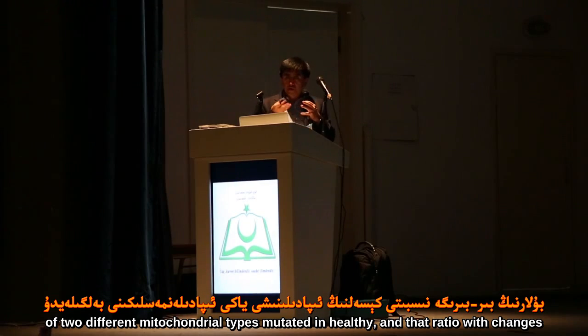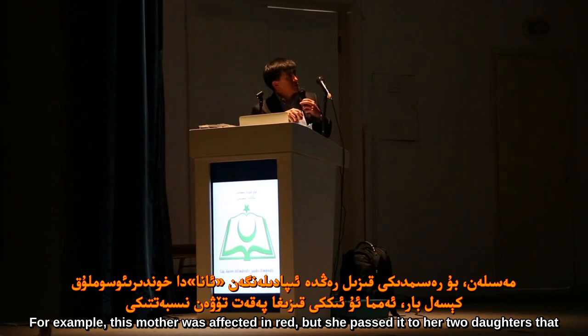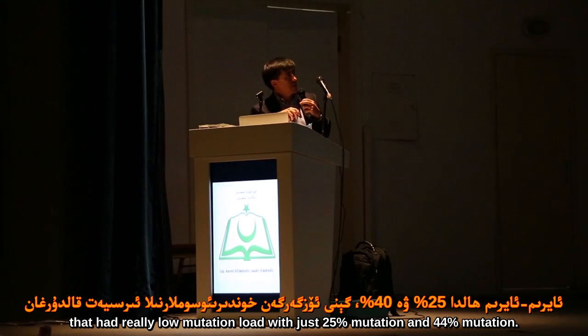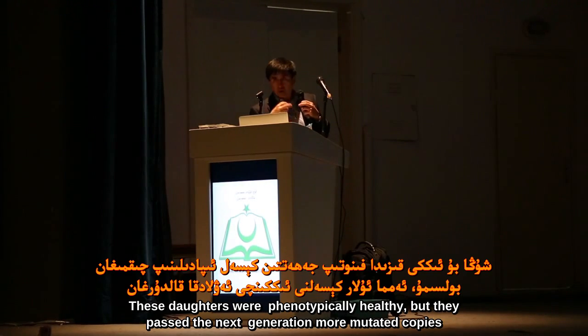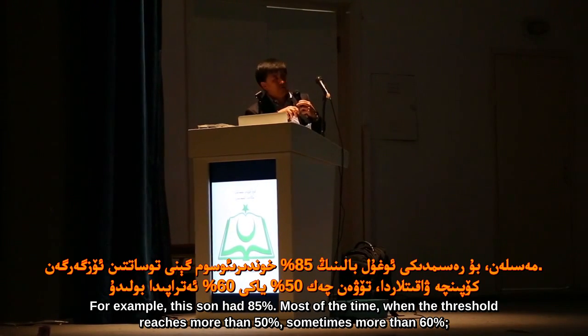That ratio always changes, and that's how, for example, this mother was affected, shown in red, but she passed it to her two daughters who had a very low mutation load, basically just 20% and 25% mutation of 44, and these daughters were phenotypically healthy. But they passed more mutated copies to the next generation, and for example, this son had 85%.